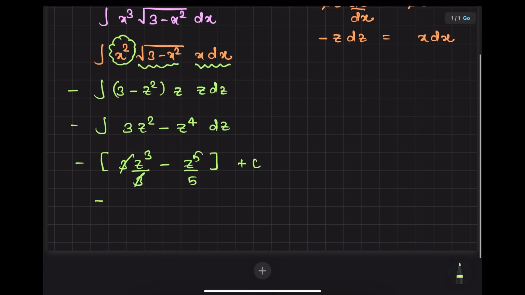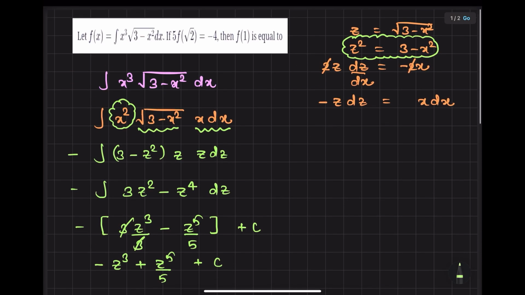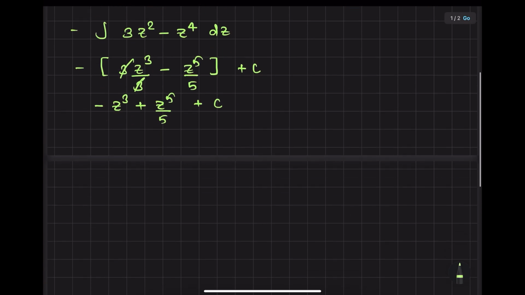So we will have minus z cube plus z power 5 by 5 plus c. Now you know that your question was not in terms of z, the question was in terms of x. So now you have to replace your z. So what was z? z was root over 3 minus x square.